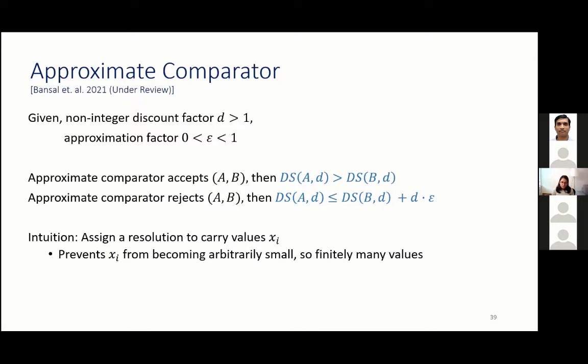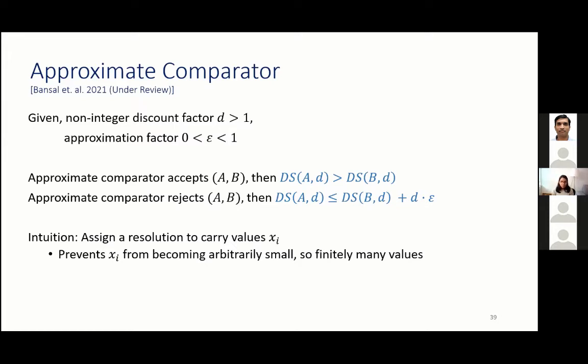And the idea is that the problem earlier was that the carry values could become arbitrarily small. So what we do is we assign a resolution to the carry value. We say that every carry value will be rounded up to a resolution value, right? And this resolution could be a small number governed by the discount factor and the approximation factor.